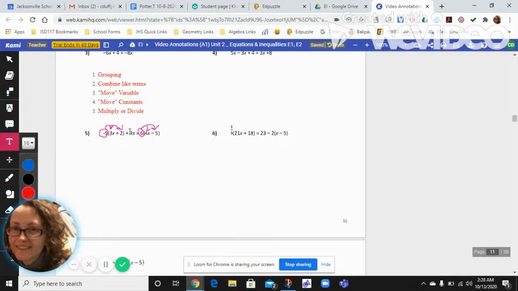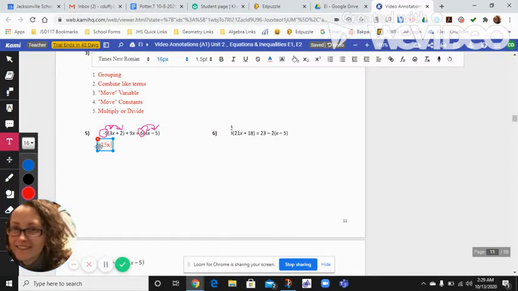Now this 9x is not part of this parenthesis, so I'm not going to be bringing that -5 to the 9x, just to the 3x and the 2. So let's go ahead and do this. -5 times 3x is -15x. -5 times 2 is -10.